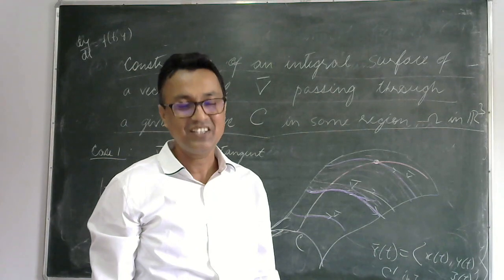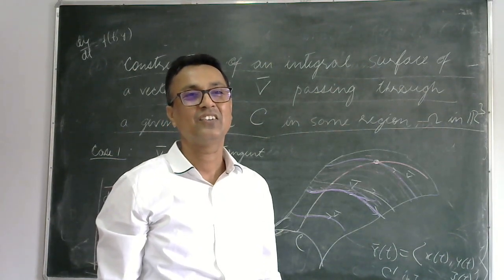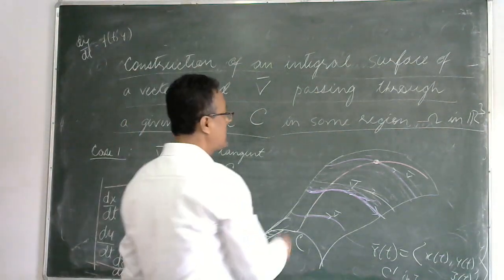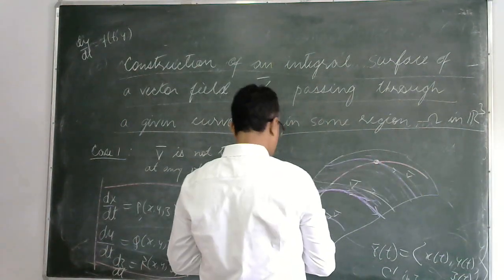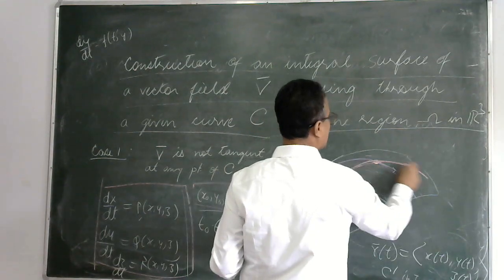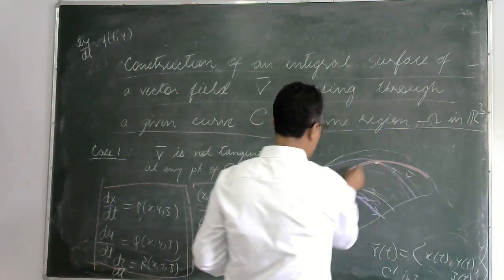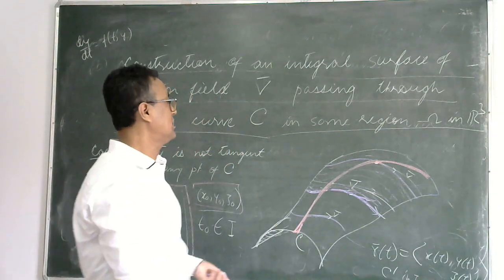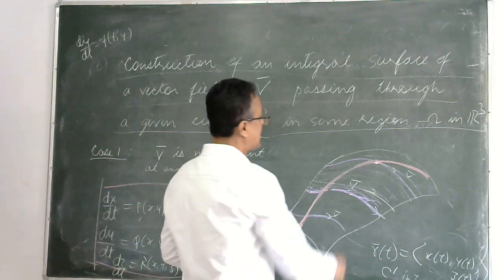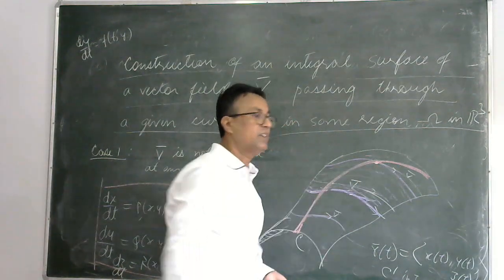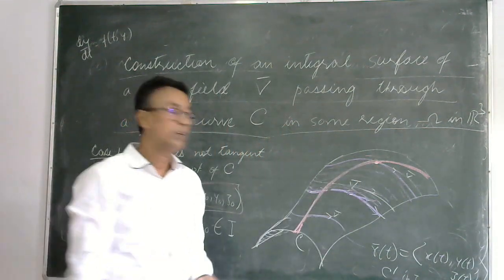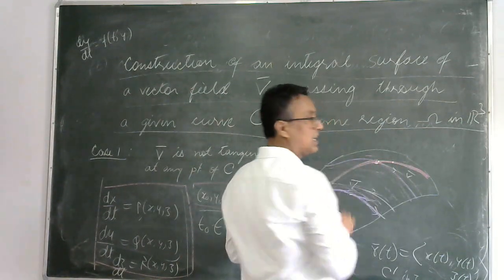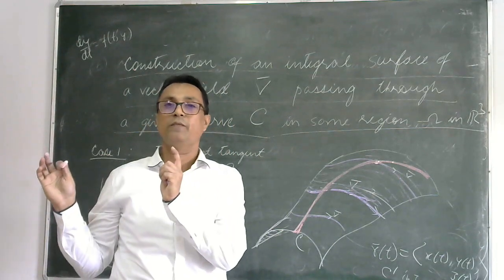The pictorial construction is not clear? See, firstly, this is case one. I am assuming that I have a curve lying in your omega, and that this curve is not an integral curve, so at each point of this curve, V is not tangent.